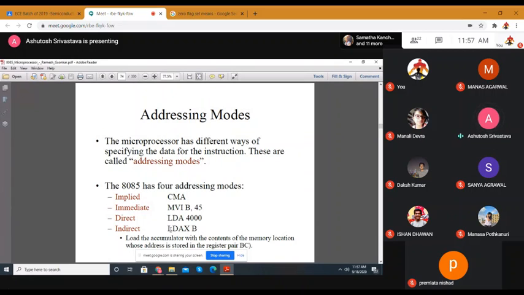By this statement, LDAX, we are talking about the register pair, not the address pair, register pair. So this would be loading into your accumulator the contents of your register B and C.